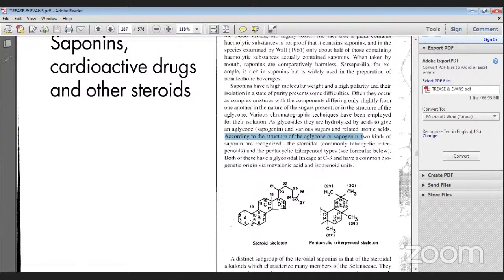This is the steroidal skeleton, and there are mainly two types of saponin glycosides. One is the steroidal, the tetracyclic triterpenoids, and another is the pentacyclic triterpenoids.